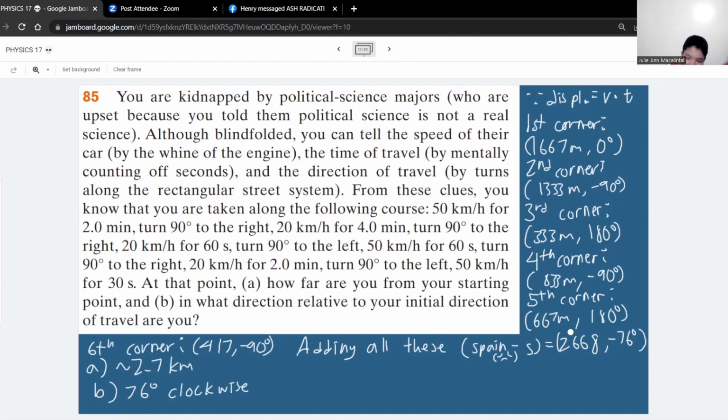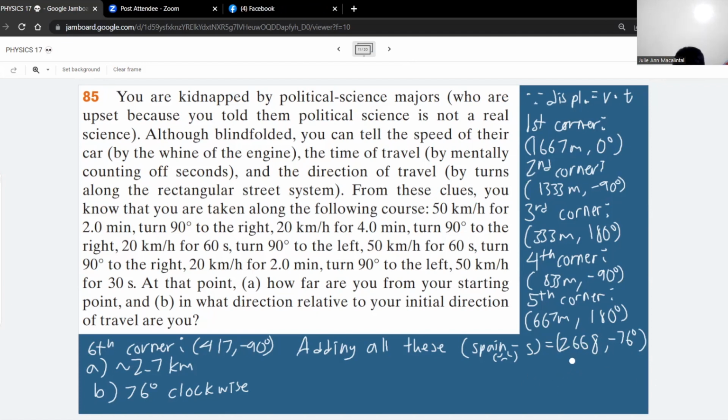Actually, pag ganyan, pag polar equations, pwede ka naman gumawa ng table ng X and Y components for each displacement. Tapos add them together.